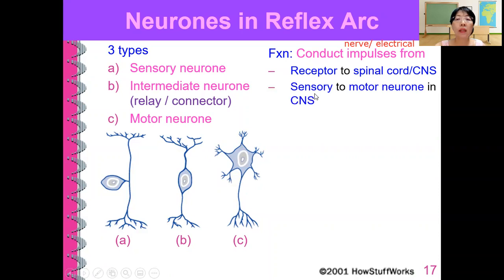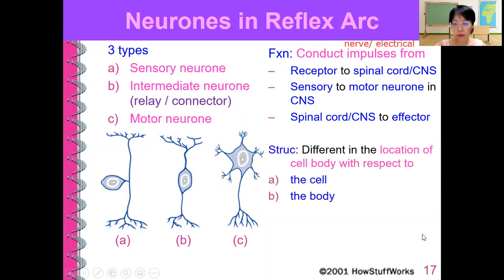The intermediate neuron conducts from the sensory neuron to the motor neuron inside the CNS, because the entire intermediate neuron is found inside the CNS. The motor neuron conducts from the spinal cord or CNS to the effector. These are the functions of the three neurons.